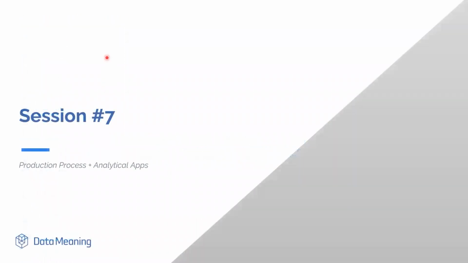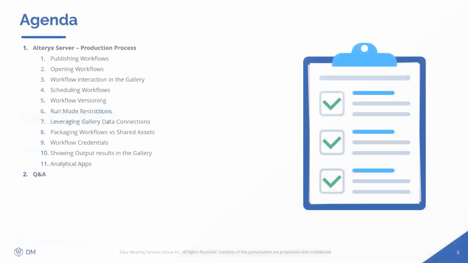Starting our session, we are going to be talking about publishing workflows, opening workflows in Designer as well, all the interactions with your workflow in the Gallery, but also in the Designer. We're going to be talking about scheduling workflows, versioning, restriction in the run mode, and also data connections.